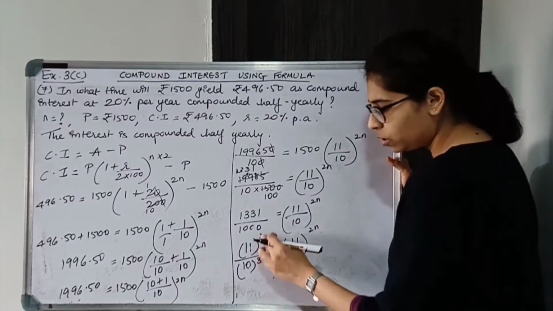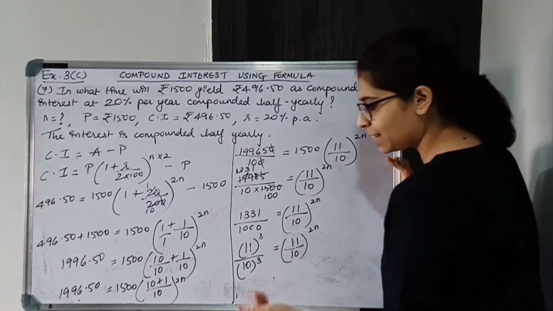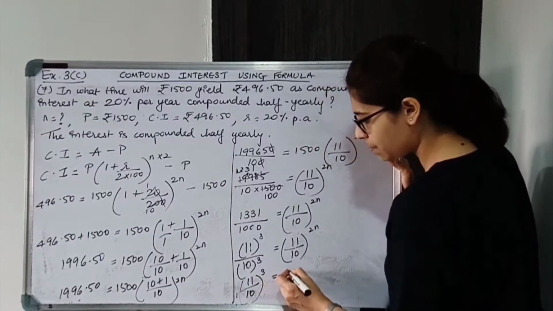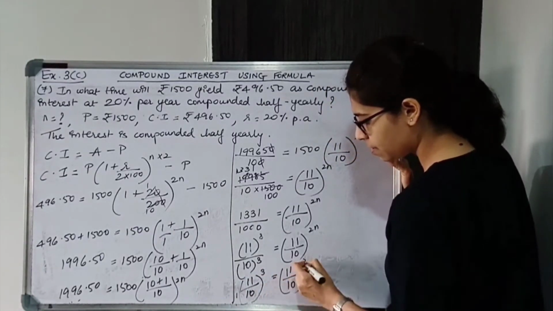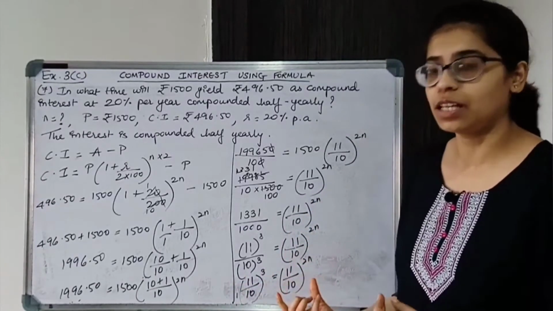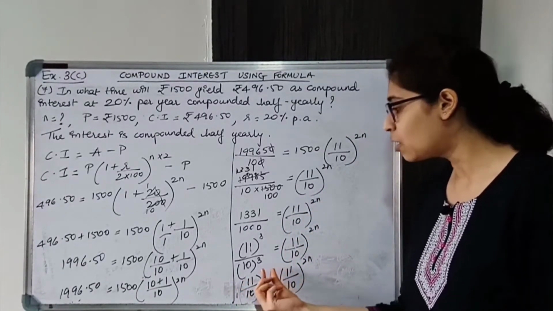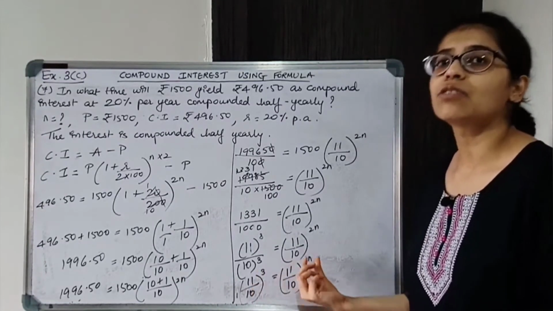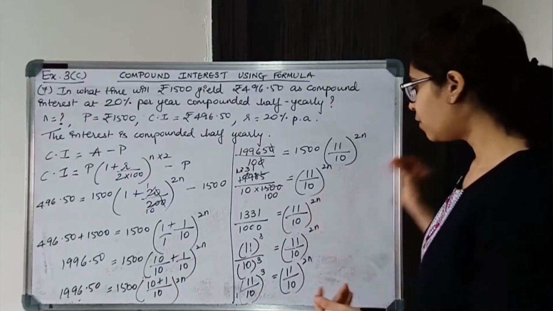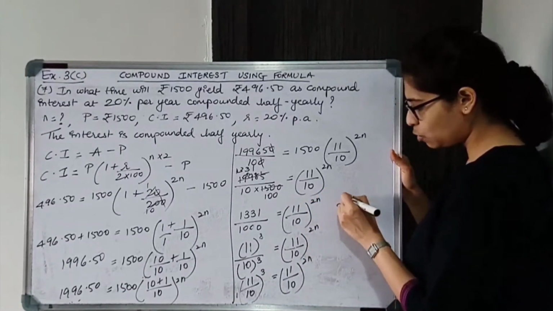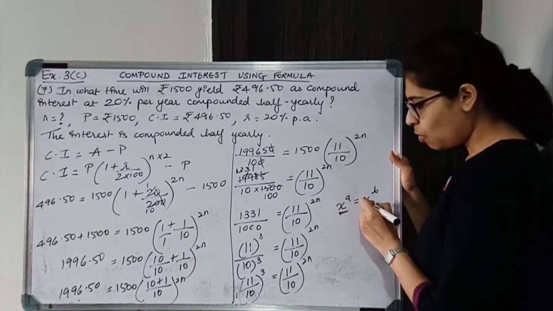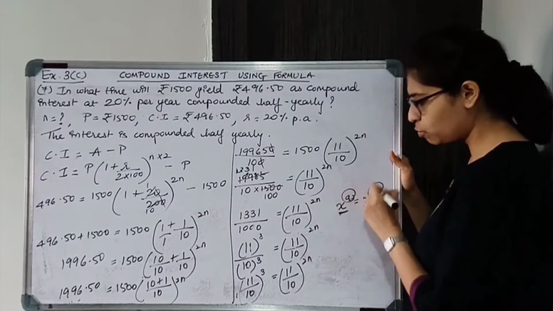Over here both numerator and denominator have a cube, so I can write a common cube. Okay, law of indices. Now the bases are equal. Something is equal to something and the bases are equal, then obviously the powers are also equal. So 3 is equal to 2n. Whenever you are given x raised to a is equal to x raised to b, we know x is equal, so therefore this also should be equal.